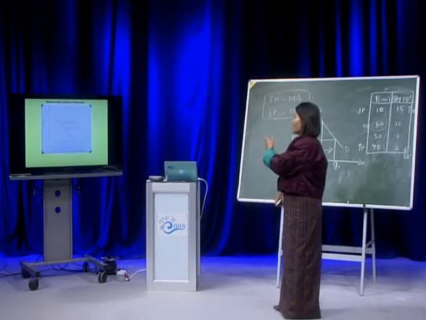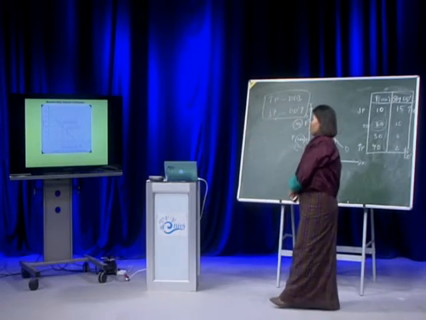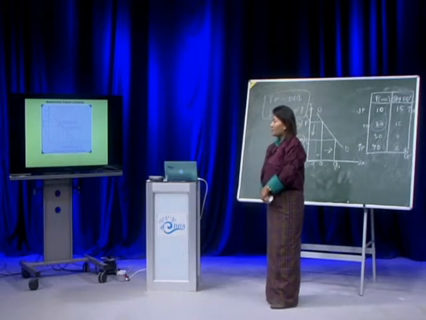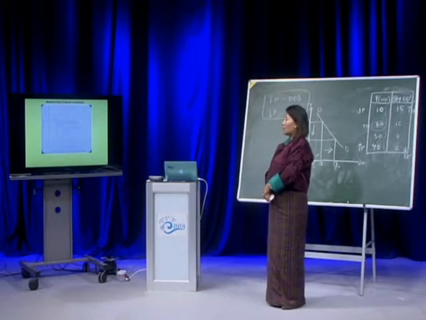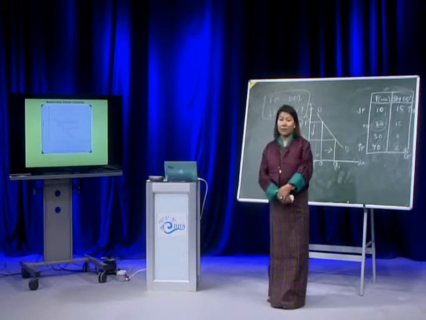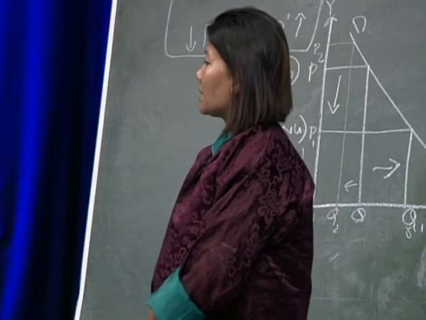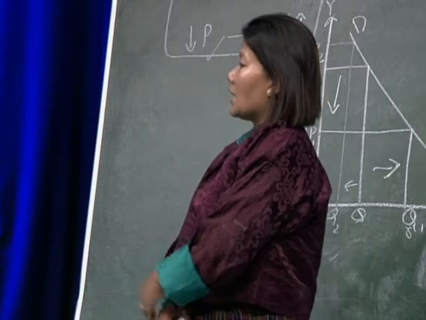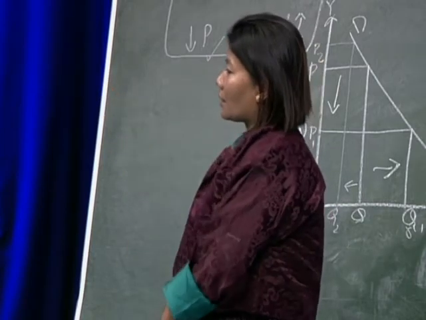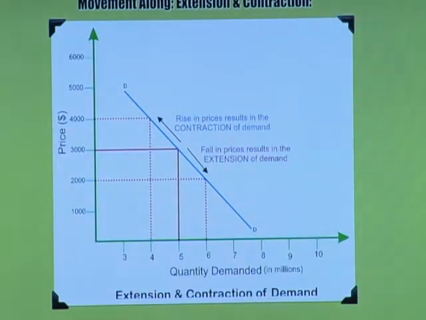If you look at the graph here, the price is given in dollars on the y-axis, and quantity demanded is given on the x-axis. The price starts from $1,000 and the last price we have here is $6,000.